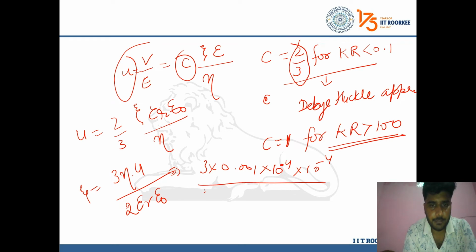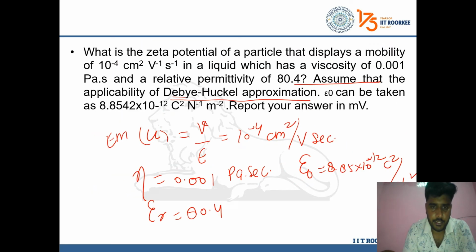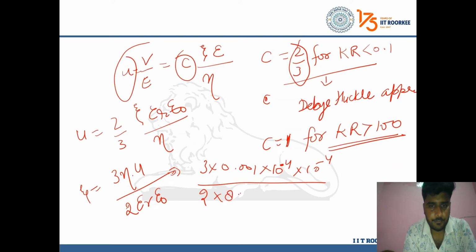Multiply by 2, and epsilon r is 80.4, and epsilon naught is 8.85 into 10 raised to minus 12.